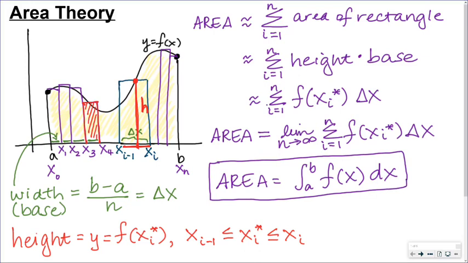And that's why the area bounded by the curve and the x-axis equals the integral, as long as f of x is not negative. Okay, so let's do some problems.